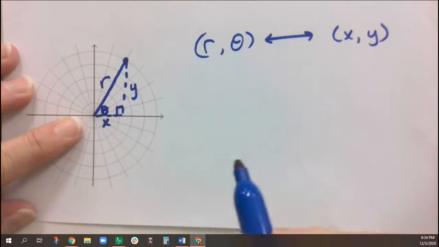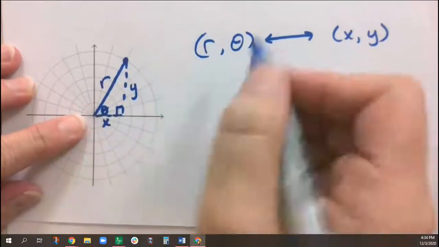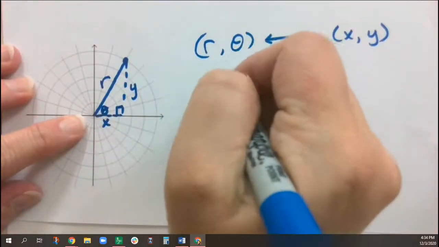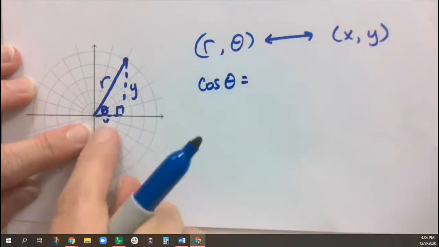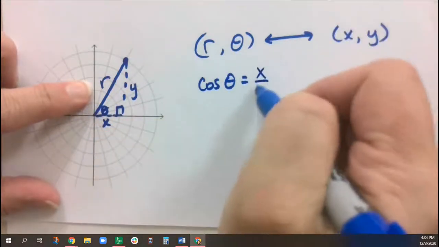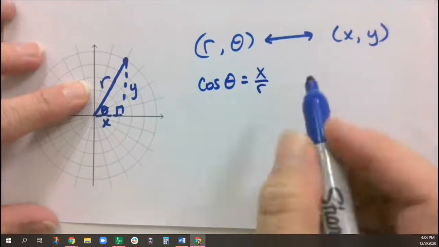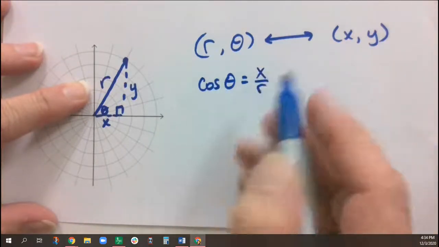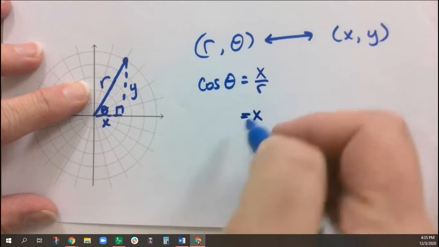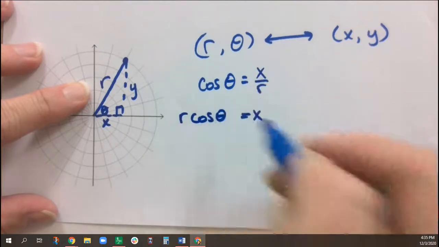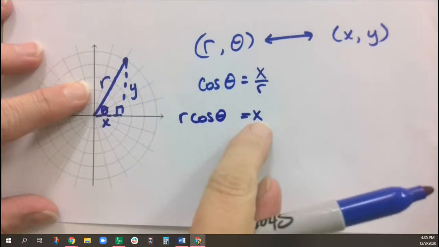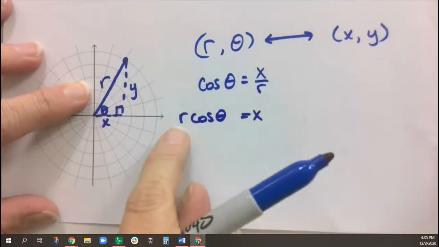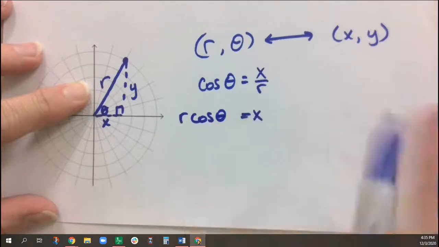And so just using this triangle, the cosine of theta is going to be the adjacent side over the hypotenuse, x over r. And if I solve this for x, x is equal to r cosine theta. This is going to be one of our conversion formulas. The x coordinate from rectangular is equal to the radius times the cosine of the angle.